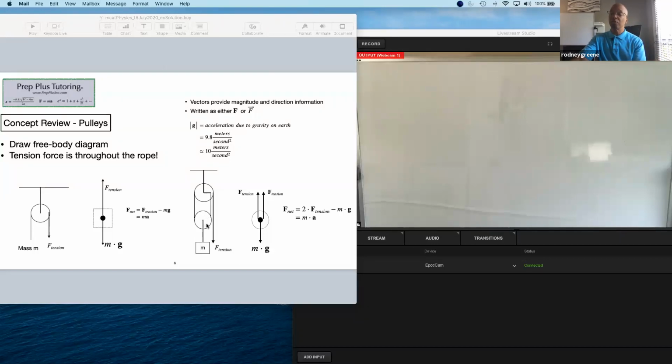And so for this pulley, there's a force due to gravity due to the attached mass, and that's mass times acceleration due to gravity. And then you have these two ropes attached to this pulley, and they both have the force due to tension, and they're pointed up.